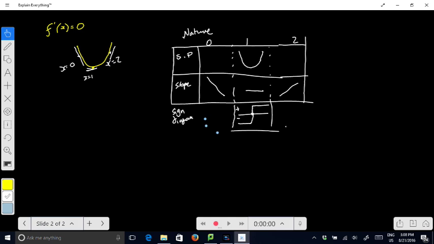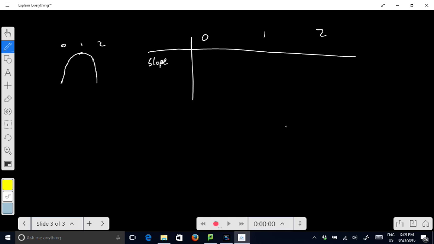A similar case for a maximum. Same example, we'll say 1 and 0 and 2. At 0, 1 and 2, we've got the slope of the tangent. At 0, somewhere over here, it's going to be an increasing gradient.